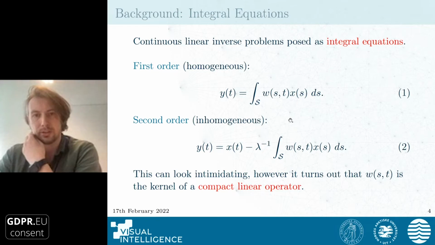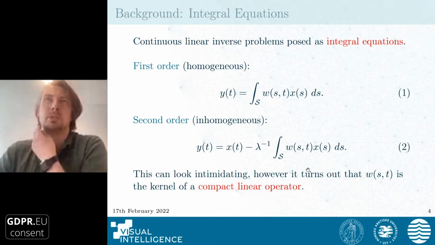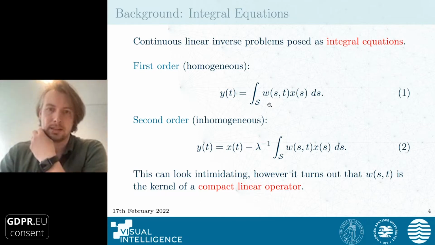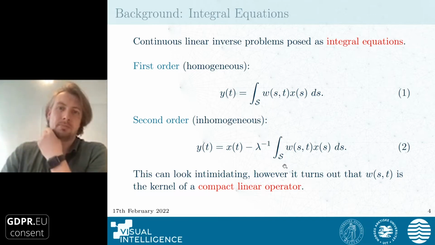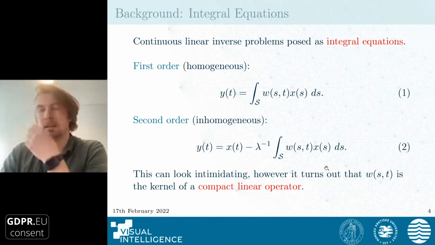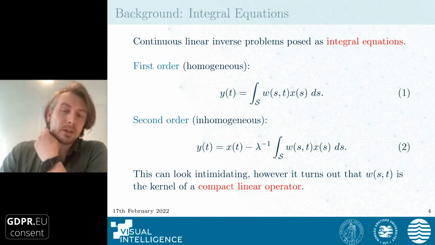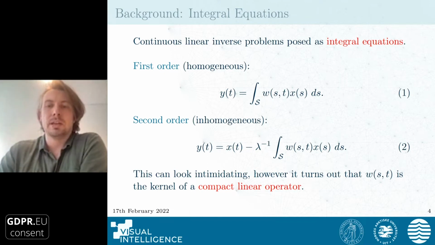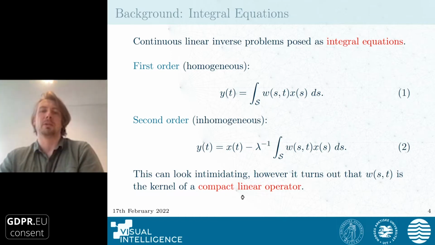However, these kernels, this W part here, form what we call Hilbert-Schmidt integral operators, given that the domain here, these S's, are a connected subset of some d-dimensional Euclidean space. Or it doesn't have to be Euclidean actually. So it turns out that these types of equations are kernels of compact linear operators.